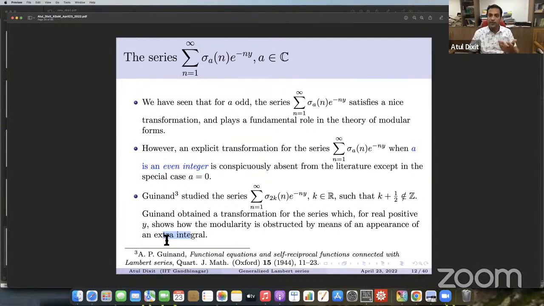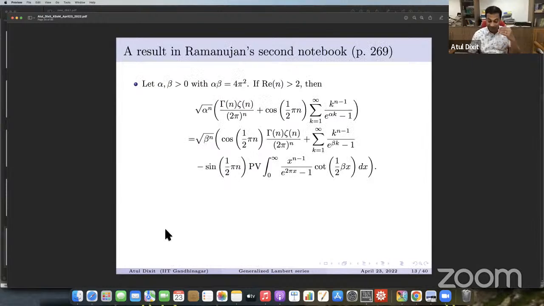Okay, so for example, on page 269 of the second notebook of Ramanujan, there is this beautiful result where now this is his terminology, so I have kept it constant. So n is complex, real part of n greater than 2. And you see exactly the stuff which was there in Ramanujan's formula before, provided there is this cosine, and there is this principal value integral. But if I take my n to be an even integer greater than 2, which is what we have in terms of Eisenstein series, right?